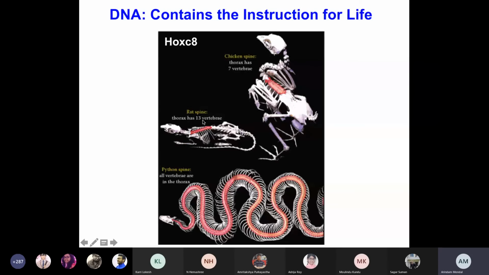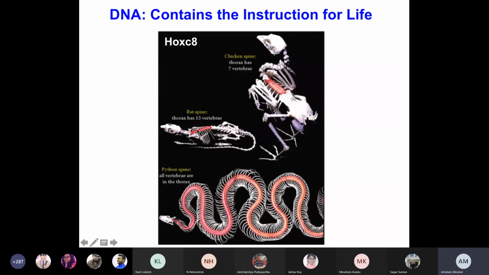In the case of the rat, maybe it remains switched on for a longer period of time. That's why there is a higher number of vertebra. And in the case of the pythons, the particular circuit remains switched on throughout the course of life so that it can keep on synthesizing the vertebra throughout life.